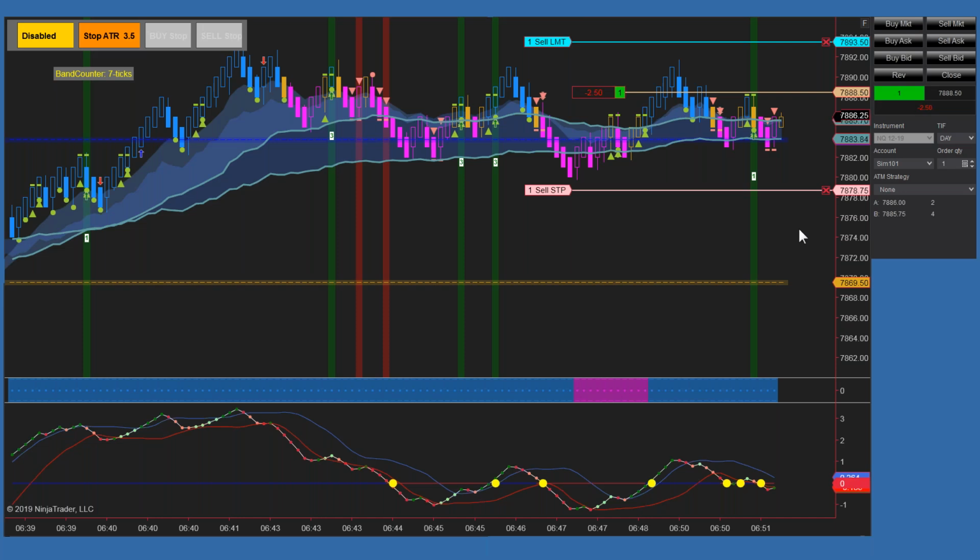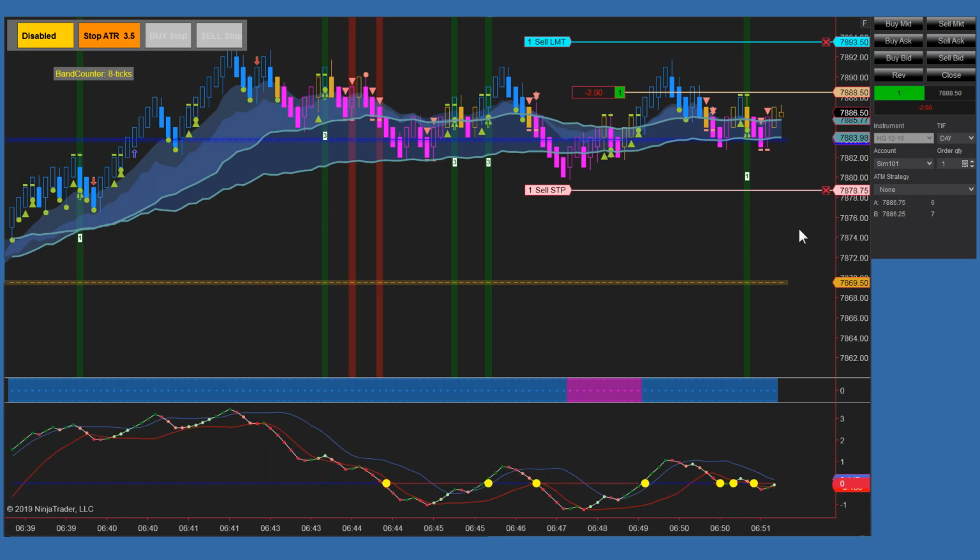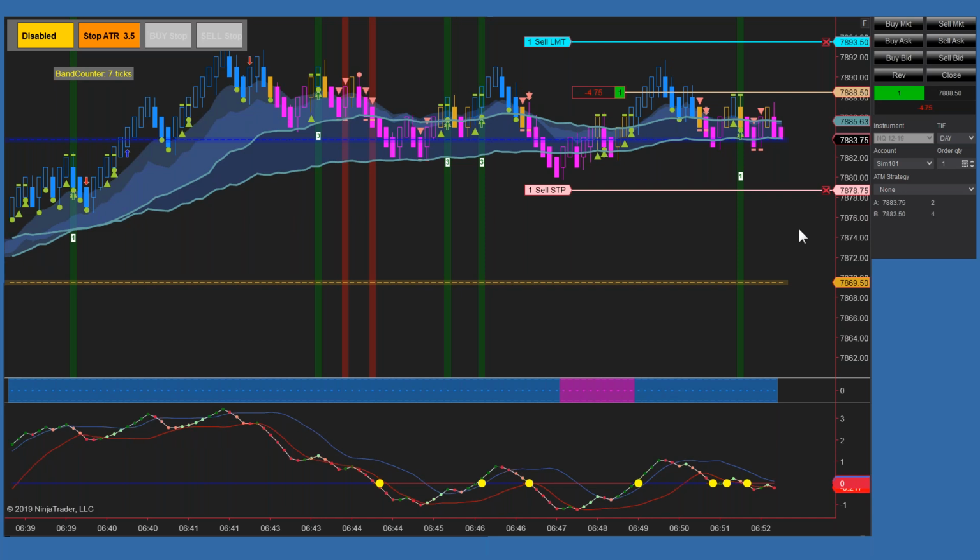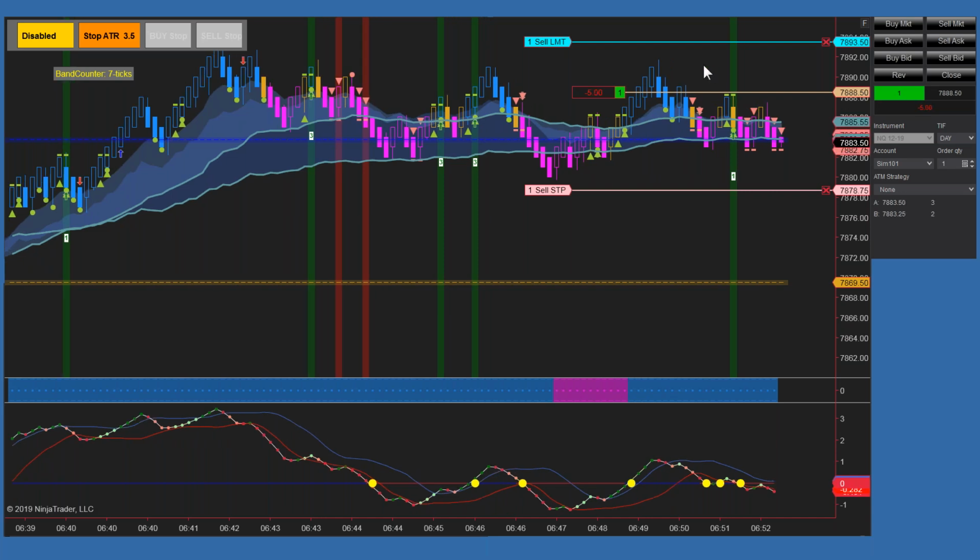Let's see if there's follow through on this one. There's a little bit of a bear trend line right here. Every time the market touches it, the sellers try to knock it back down.